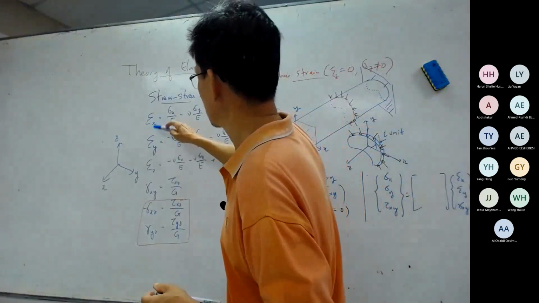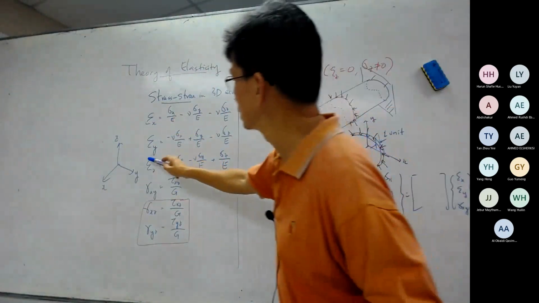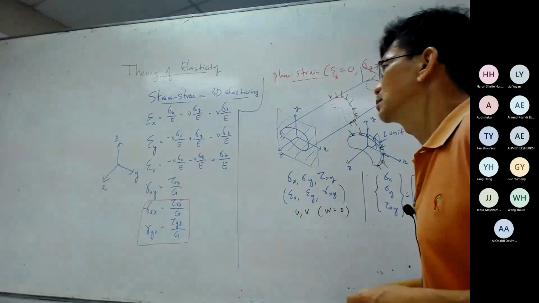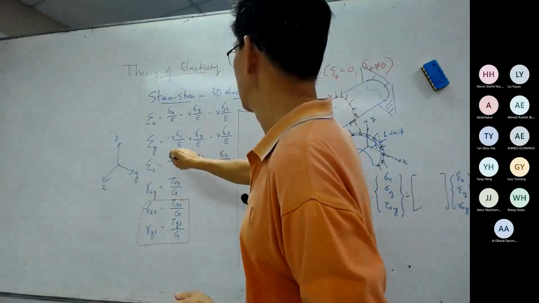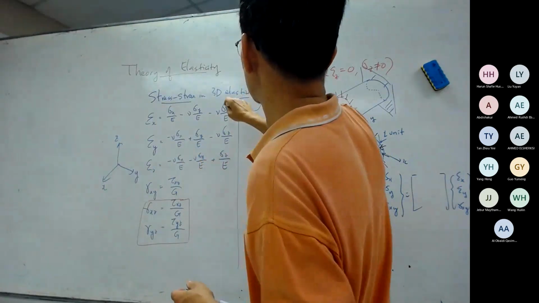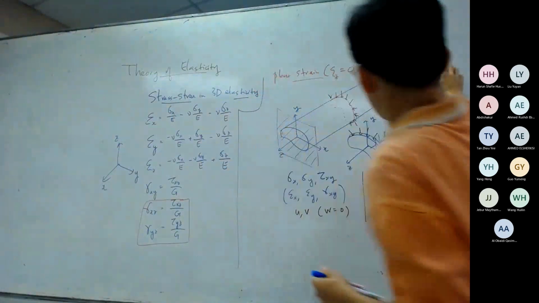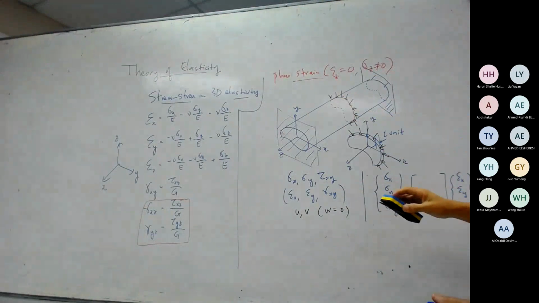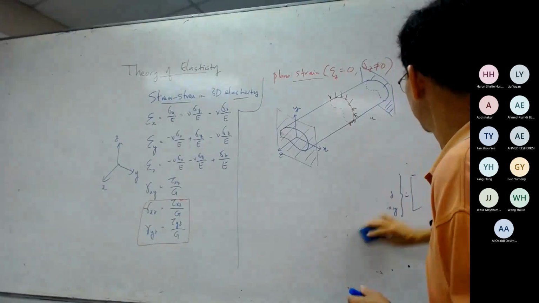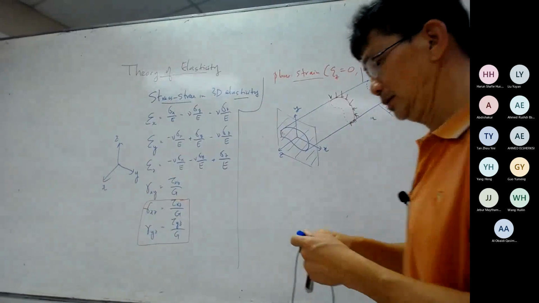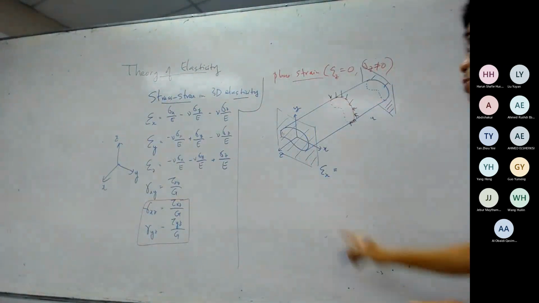Again, we go back to this. Now this is 0, this is 0, and this is 0. So from these relations, we can get sigma z in terms of sigma x and sigma y, and then substitute back into here. Let me go a little bit one more time. So now let me take away this. The equation that we need to derive the stress-strain relation will be this.